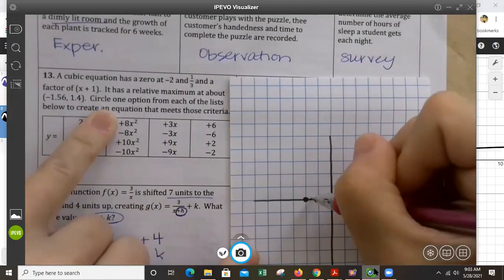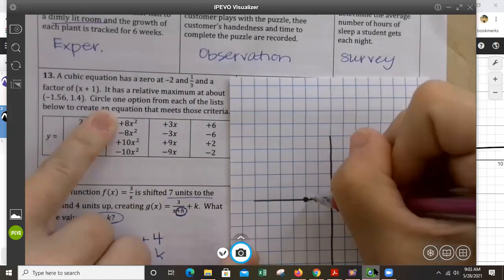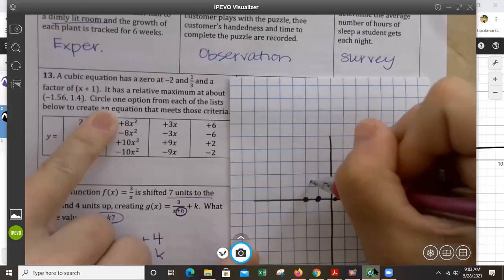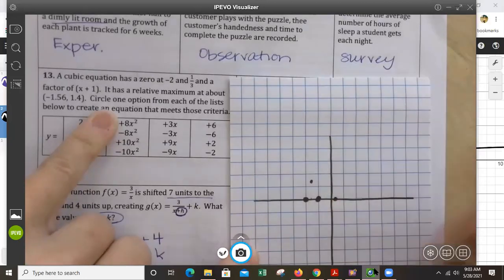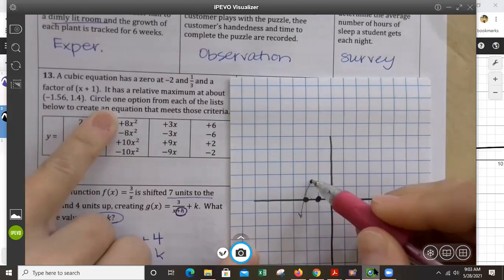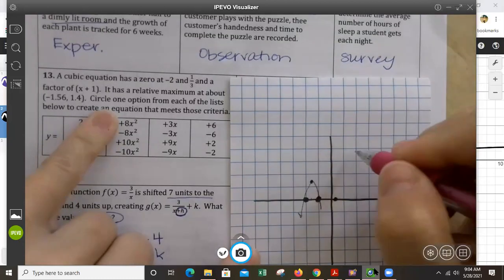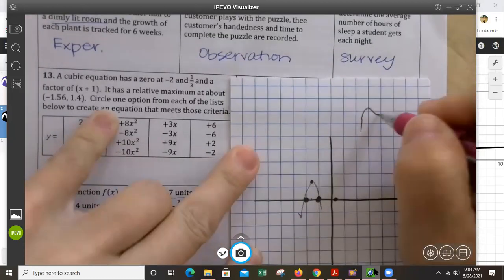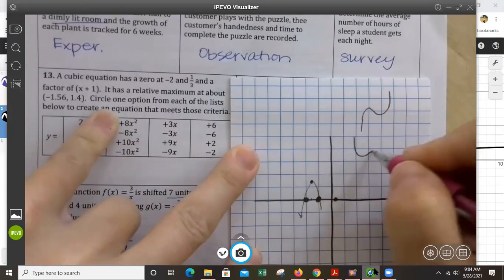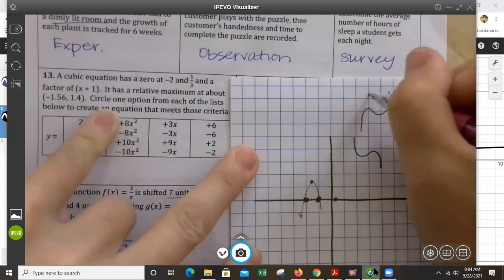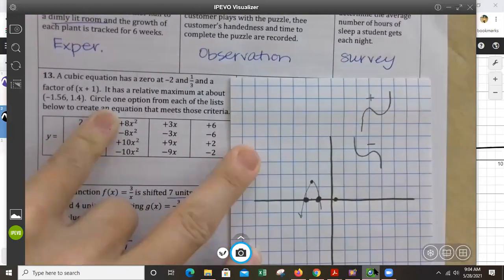So we're going to say this is -1.5-ish, somewhere there. So that means it does like this. Everybody understand that? And since it's cubic, remember, cubic is either going to look like this or it's going to look like this. This one would be a positive function. This one would be a negative.